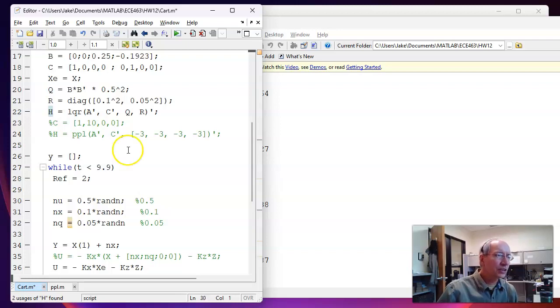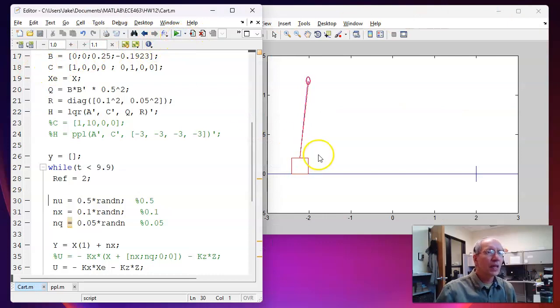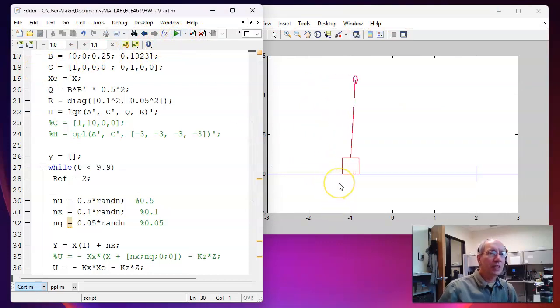I think that's all I need to change. Let that puppy run. And now if you notice, the cart position and its estimated position are much closer. That's the property of the Kalman filter. It is the best least squares estimate of the states, given the input, given the output, given the noise, given the dynamics.